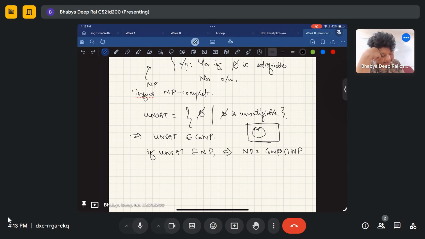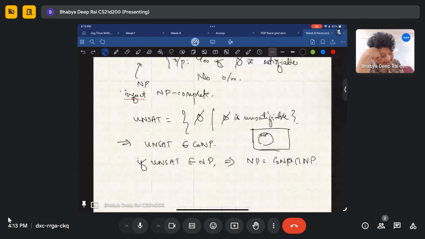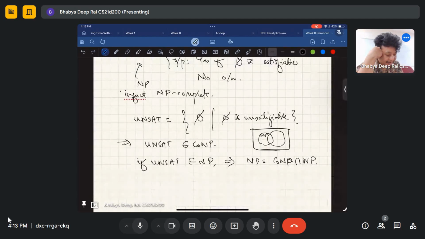We already know that sat is in NP, which is NP complete, and you are saying unsat is also in NP. So what does that mean? Sat lies somewhere here, by assumption.